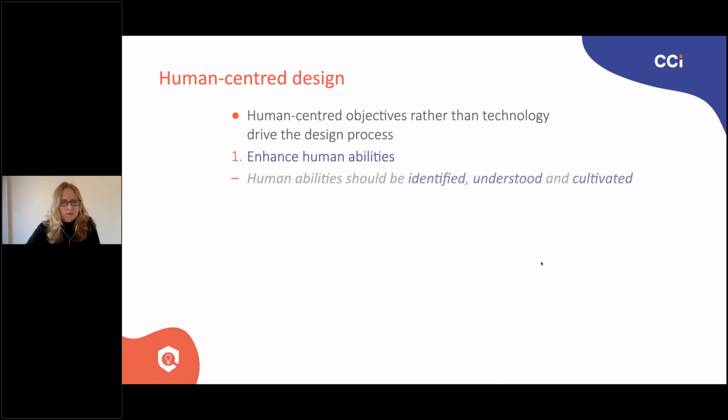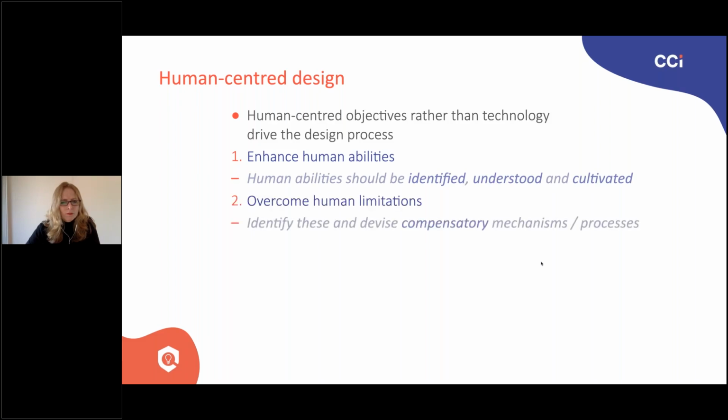And those objectives are to enhance human abilities, so these need to be identified, understood, and cultivated. To overcome human limitations, so to identify these and then devise compensatory mechanisms. A good example of a human limitation is we are very error prone. Human beings are very error prone.